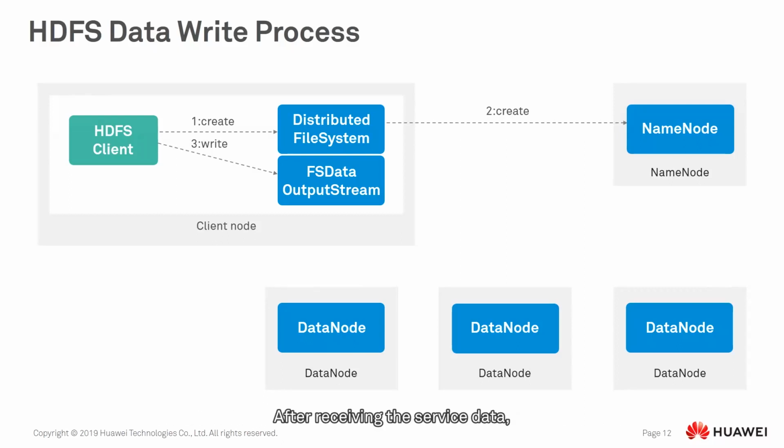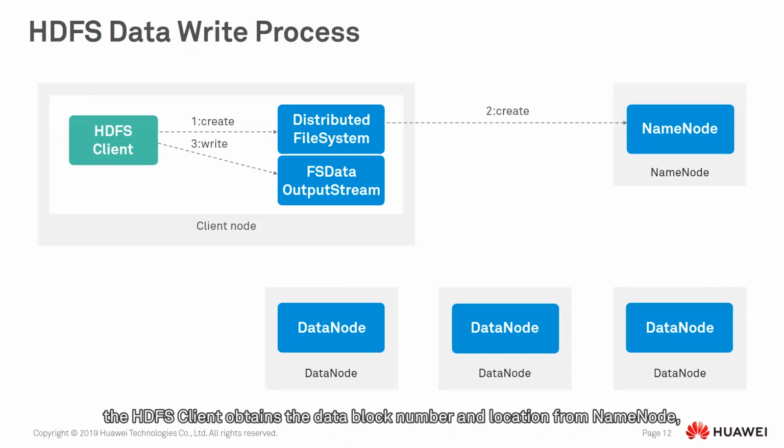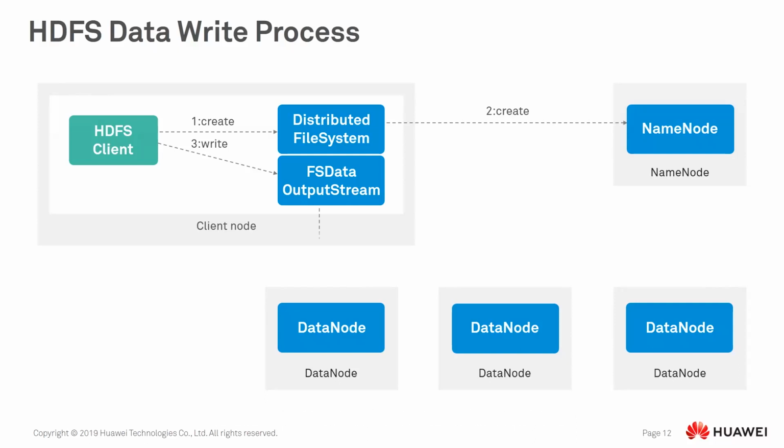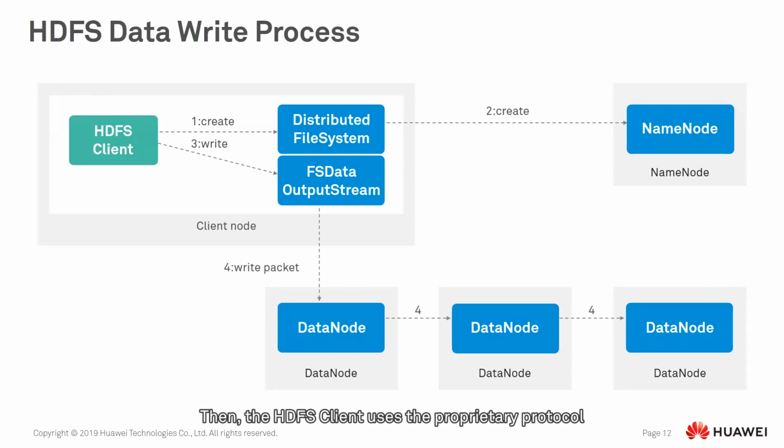After receiving the service data, the HDFS client obtains the data block number and the location from name node, connects to data nodes, and establishes a pipeline of data nodes where data needs to be written to. Then, the HDFS client uses the proprietary protocol to write data to data node 1 and copy the data from data node 1 to data node 2 and data node 2 to data node 3.